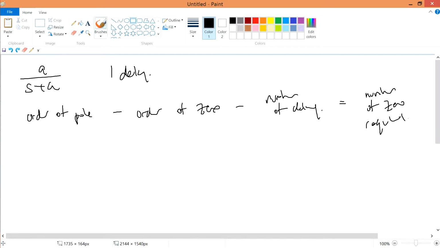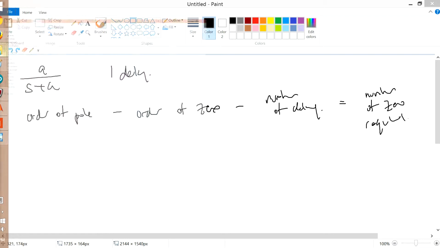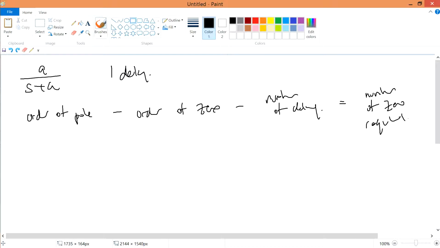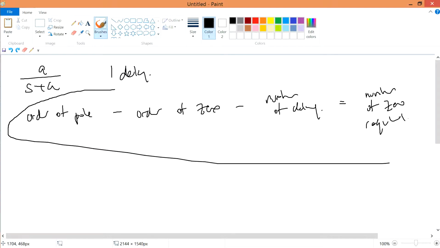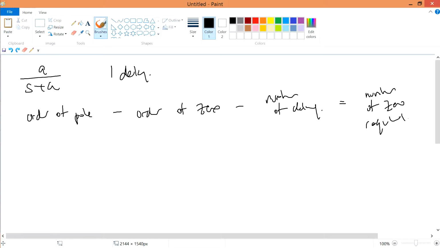It's easier than the conditions in the l9v2 video, because after I do this, I think this definition is stronger. It's easier to memorize also. So the order of pole is now what? 1 minus order of 0; there is no order of 0, it's just some constant, so it's 0, minus number of delay, there is 1 delay, so it's 1.